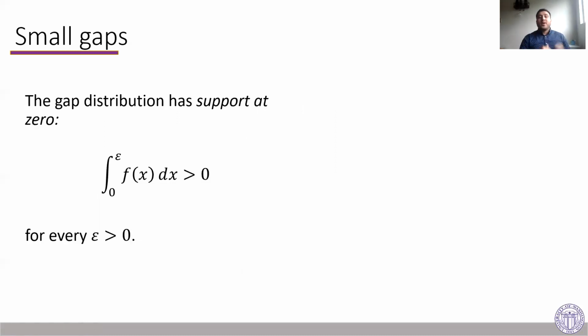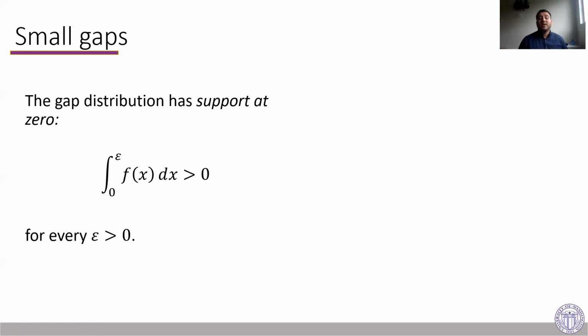And then on the other end of the spectrum, we could ask about small gaps, right? What's the likelihood that I see a gap of arbitrarily small size? Well, that just means I grab the interval now, instead of from t to infinity, from 0 to epsilon, where epsilon is a really tiny number. And in this case, no matter how small epsilon is, I'm always going to see a gap inside of that interval.